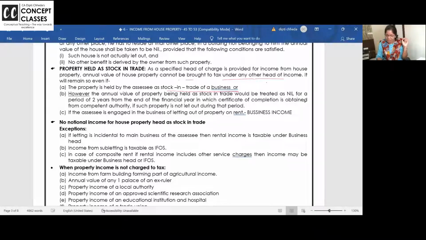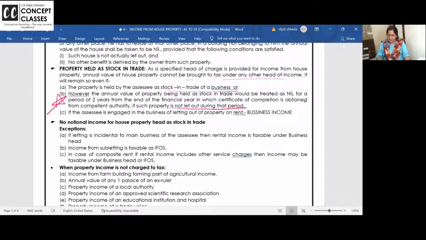However, annual value of the property being held as stock in trade would be treated as nil for a period of 2 years from the end of the financial year in which the certificate of completion is obtained from the competent authority, if such property is not let out during the period.